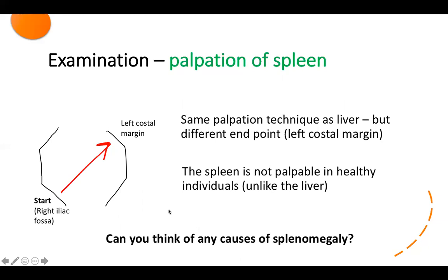What do you guys think would cause an enlarged spleen? Any guesses? Yeah, that was good. Hematological conditions, yeah. So think chronic myeloid leukemias, myelofibrosis, malaria could also cause it to be enlarged.